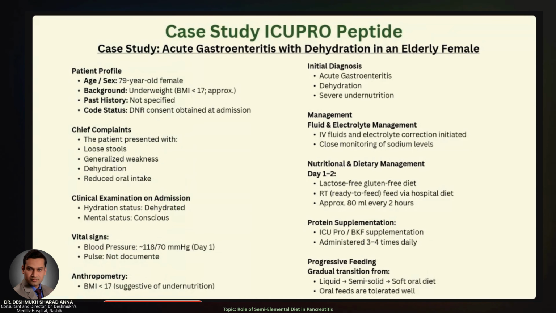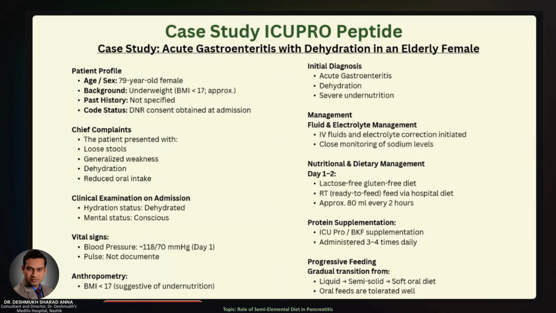So there are a few case studies of the ICU-Pro peptide combination which is available. The first case study is a patient with acute gastroenteritis with dehydration, an elderly female patient aged 79 years, underweight, BMI of only 17, no specified past history, DNR consent obtained at the time of admission.